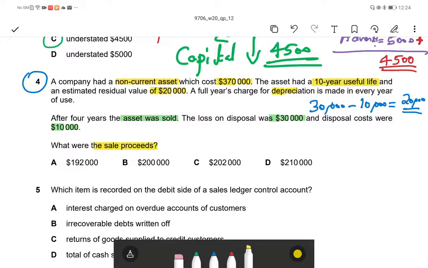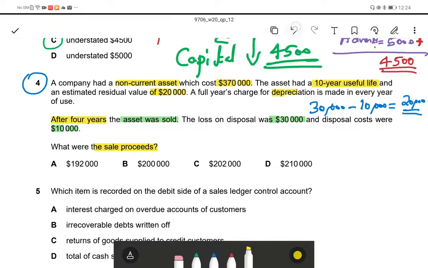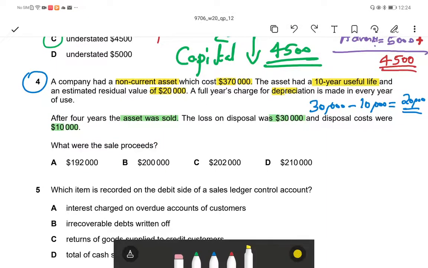We can check the depreciation for 4 years, since they are selling the fixed asset after 4 years. First we have to calculate the depreciation.